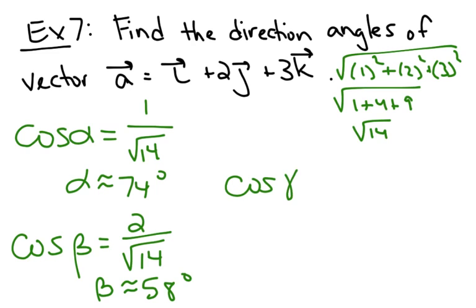And to find the direction angle with the z-axis, we're going to do 3 divided by the square root of 14. Take the inverse cosine of 3 over the square root of 14, and you should get approximately 37 degrees. Remember that those are the measures of the angles with the positive x, y, and z axes.